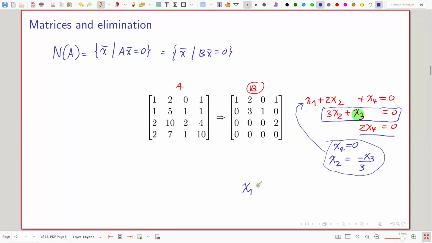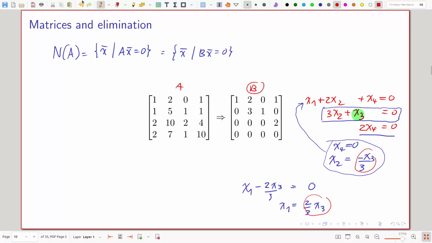So minus 2x3 over 3. And then you don't have x3, and x4 is 0, so just ignore it. So I get that x1 is 2/3 x3. Now I have everything in terms of x3.